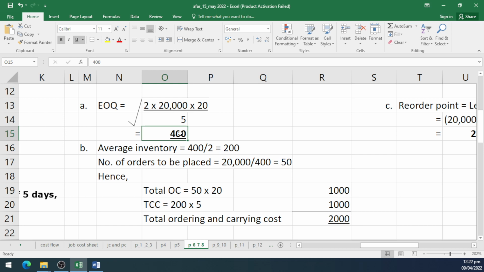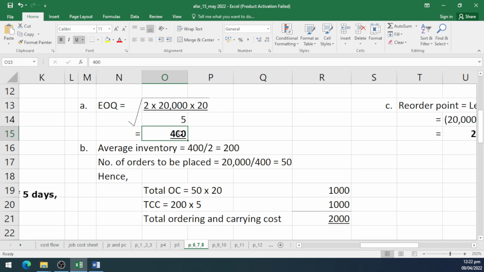The other assumption ay delivery is instantaneous. As in, pagka-place ng order, deliver agad. Nandiyan na. To simplify the computation. But of course, that's not the reality. Because there will be a lead time. There will be lead time.